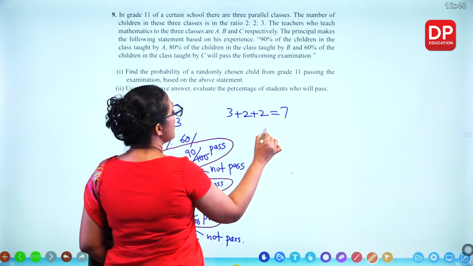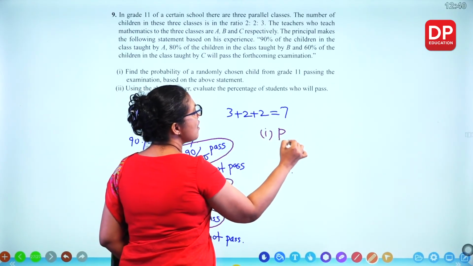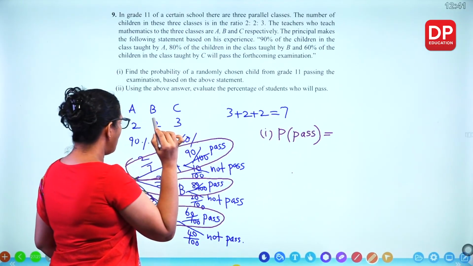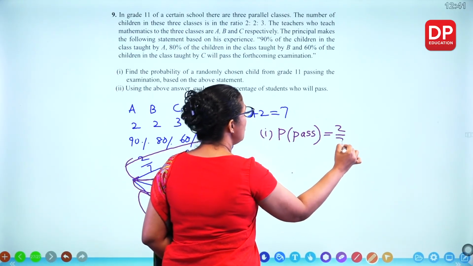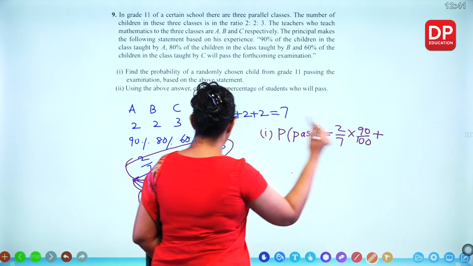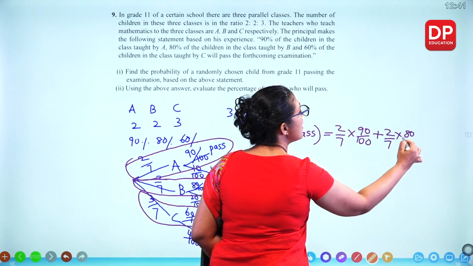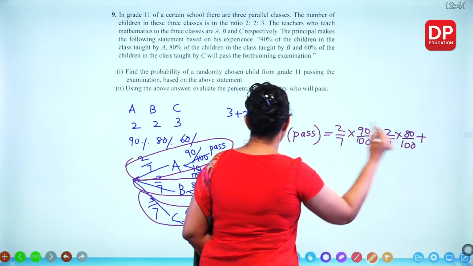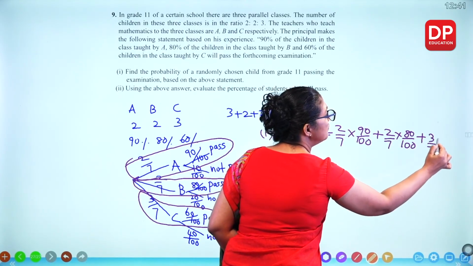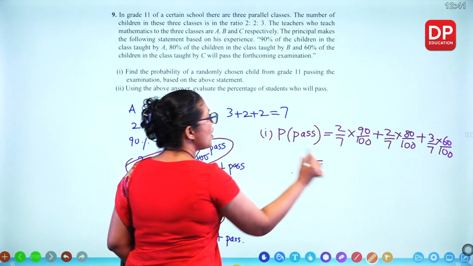So the first part, probability of passing the exam is equal to 2 sevenths into 90 over 100 plus 2 sevenths into 80 over 100 plus the other branch 3 over 7 into 60 over 100. So now simplify.